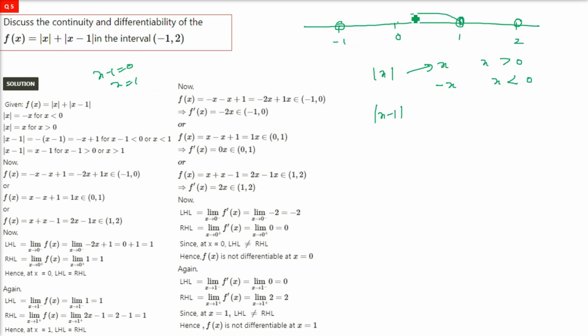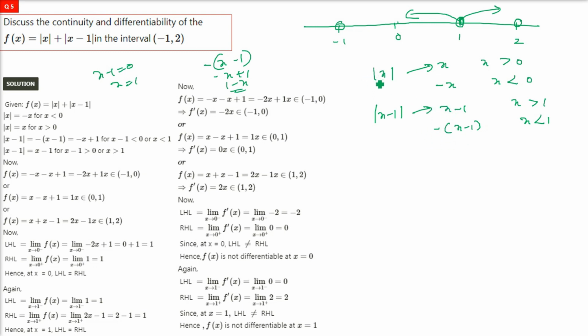So below 1 it is going to be negative, and above 1 it is going to be positive. So x minus 1 for x greater than 1, and when x is less than 1 it is going to be negative of x minus 1. So you can write this as minus x plus 1, or 1 minus x, whichever way you want. Okay.